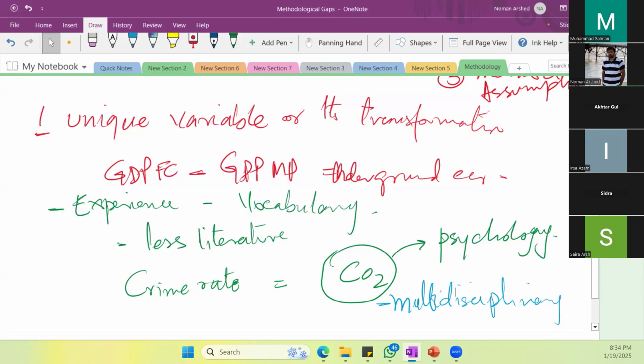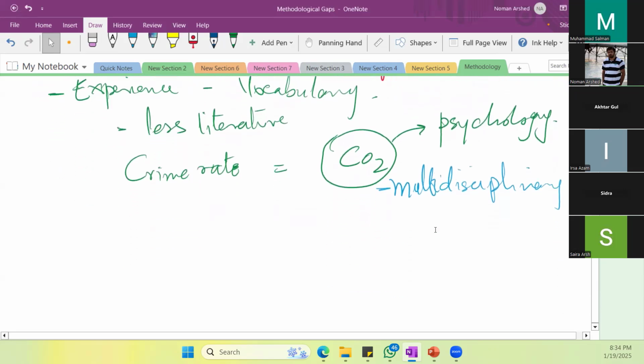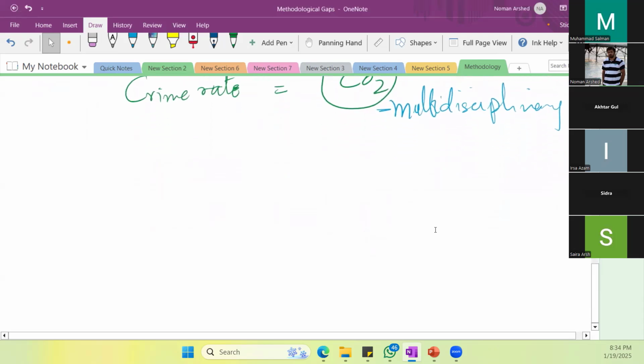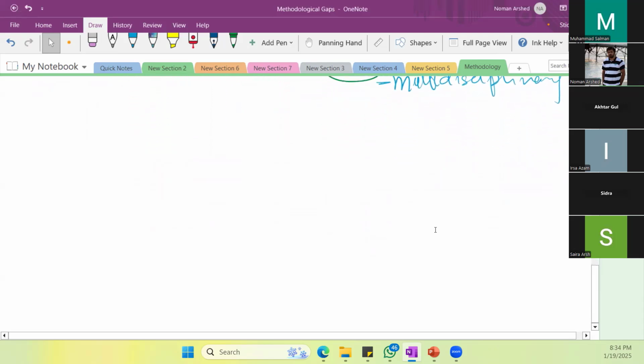But for example, if I am using panel data, and I am interested in a comparison of cost of living, and I am using the CPI instead of the deflator, I'm just giving an example, and none of the studies has ever used it, then how would I justify it?